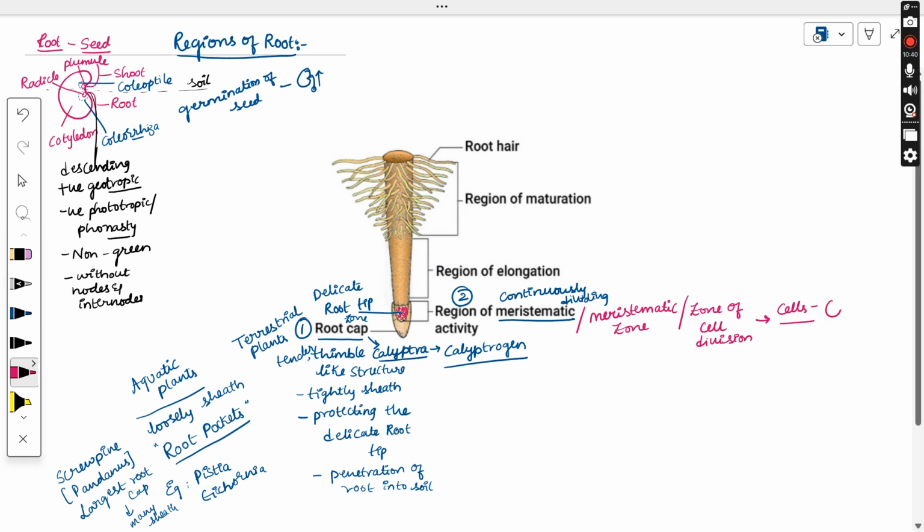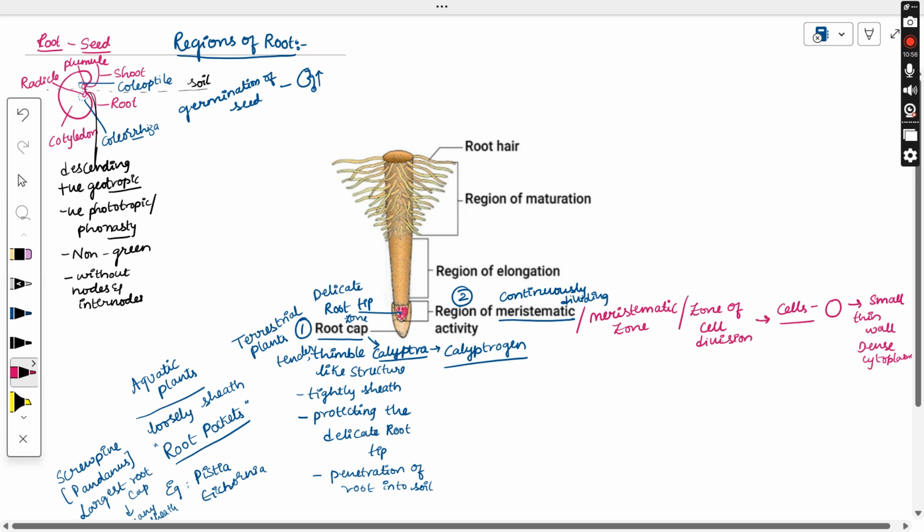What is the use of these cells? Each meristematic cell is really small, contains a very thin wall, and has dense cytoplasm. They will be continuously dividing, and this region is considered the main growing region of the root, compared to the remaining regions of the root. Where can you find this?